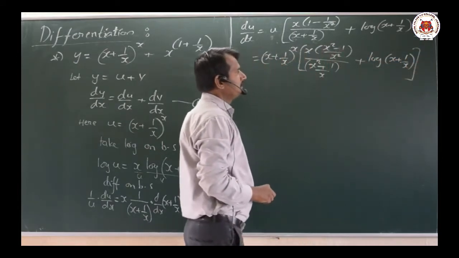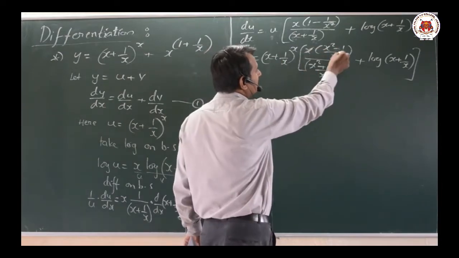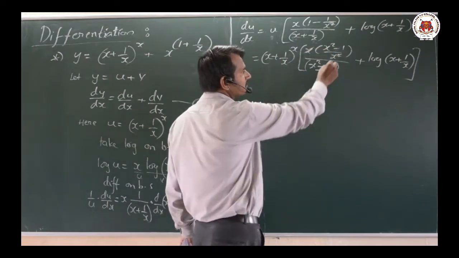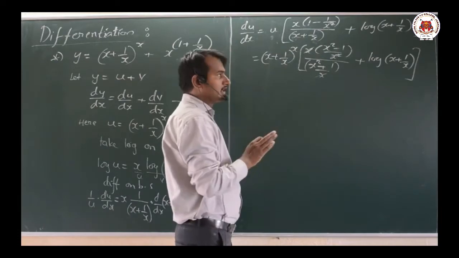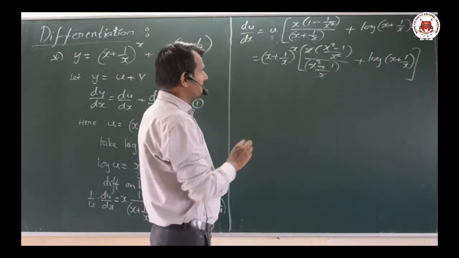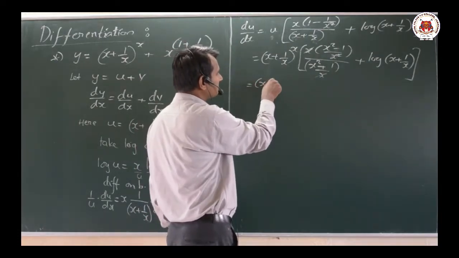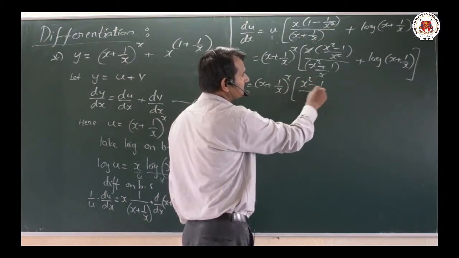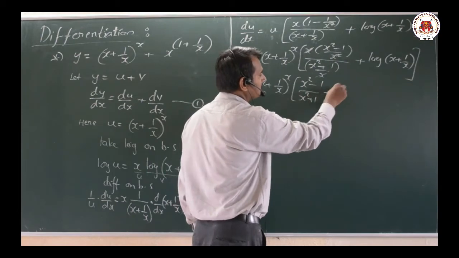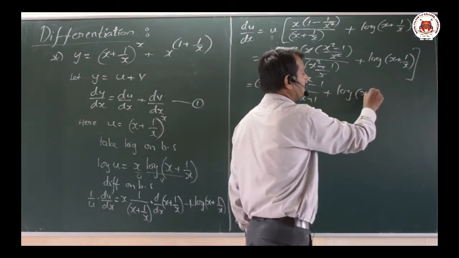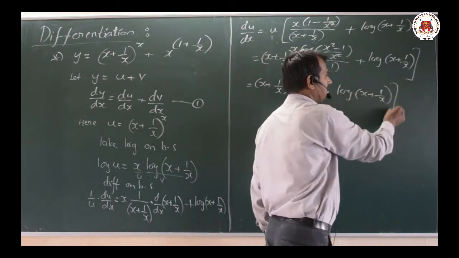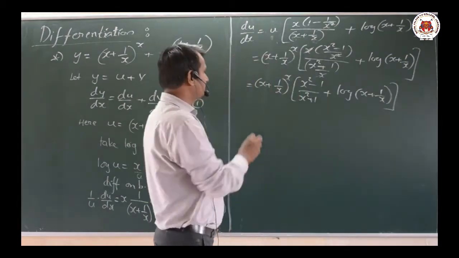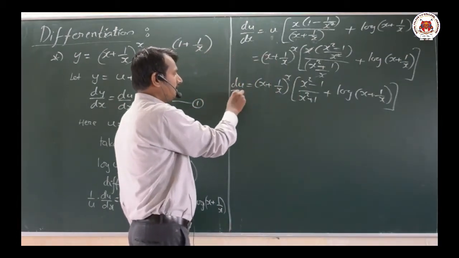We can observe here, that is here x and x square get eliminated, here also x denominator both the part get eliminated. That means what is the remaining part here, that is x plus 1 by x to the power of x into x square minus 1 divided by x square plus 1 plus log of x plus 1 by x. That is the required result. Very simple. That is du by dx.